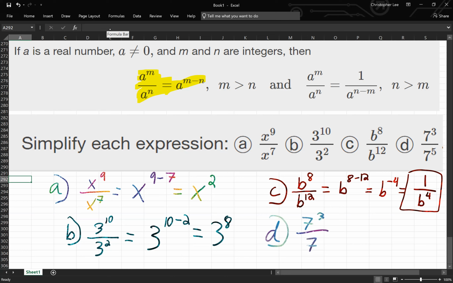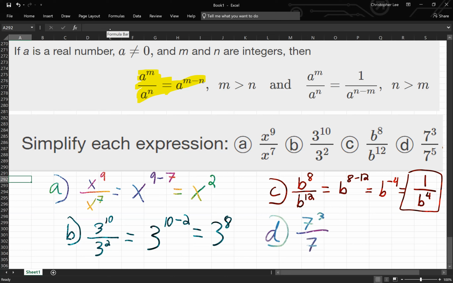So for example, if after simplifying an expression, we end up with x to the negative 3 power, we will take one more step and write 1 over x to the third. The answer is considered to be in simplest form when it has only positive exponents.